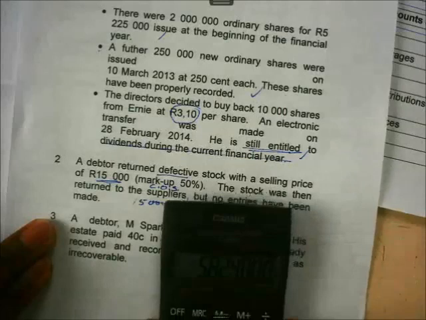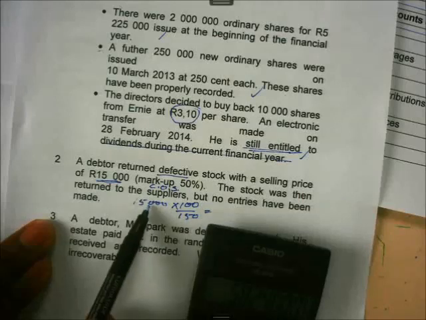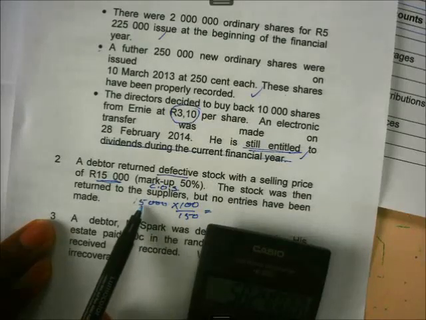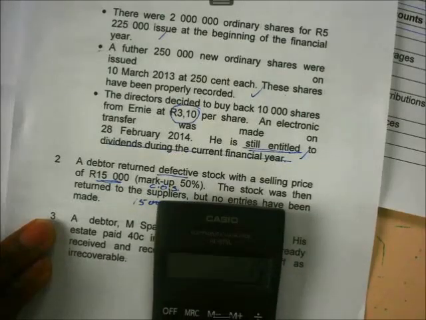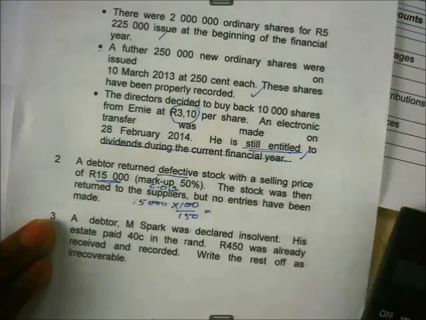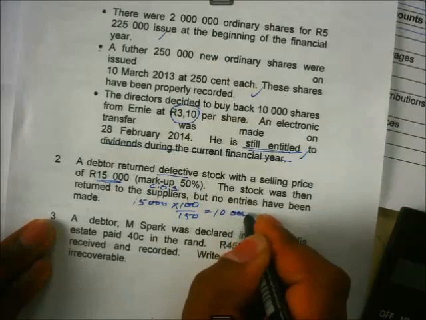Then you see, because this is 100 plus the 50. That is why we have 150. Because this 15,000 is your cost price plus gross profit, right? Now, you have 15,000 multiply by 100 divide by 150. Now, the cost price of the goods sold was 10,000.